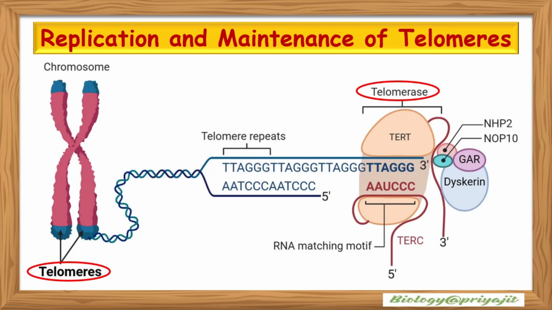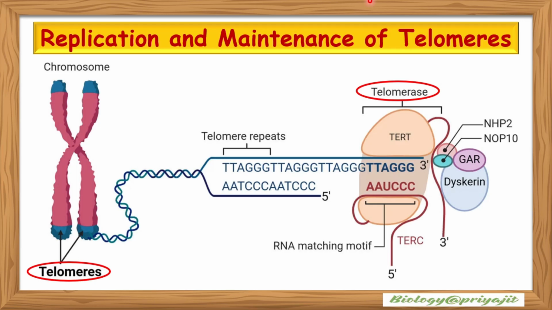Today we turn our attention to a crucial aspect of eukaryotic DNA replication, the replication and maintenance of telomeres. Linear chromosomes face a unique challenge, that is, their ends cannot be fully copied by the usual DNA replication machinery.